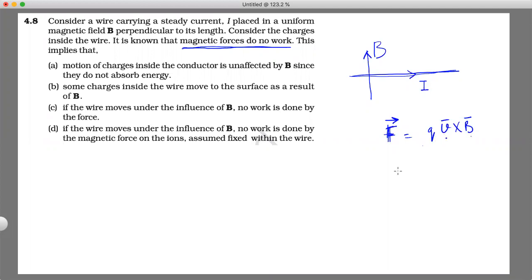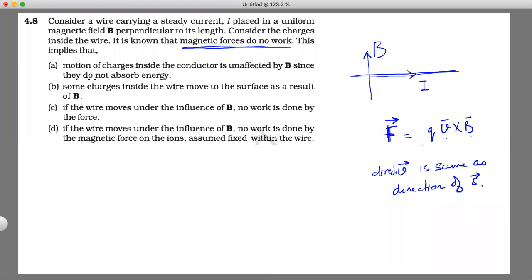And v, the direction of velocity, is the same as the direction of displacement, right? So it means that F is perpendicular to displacement, which means it does no work.